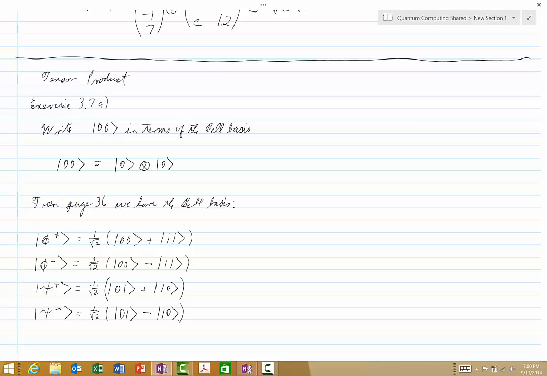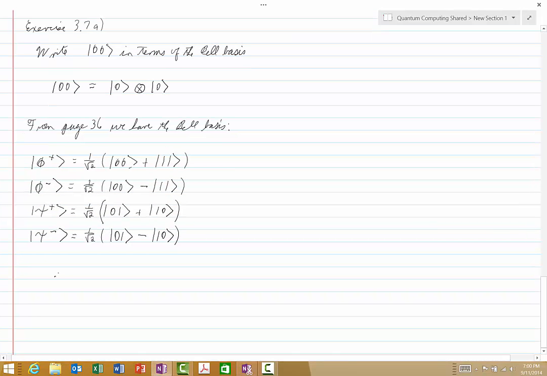We want to write |0,0⟩ in terms of the Bell basis, so we could say |0,0⟩ is equal to A times phi plus, plus B times phi minus, plus C times psi plus, plus D times psi minus.